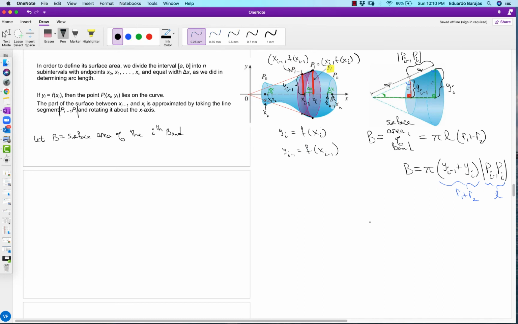And so we'll get that the surface area of that band, B, is pi times f of x sub I minus 1 plus f of x sub I, and then also evaluated as P sub I minus 1 to P sub I, that line segment there.